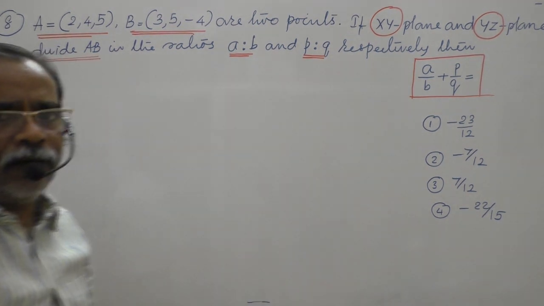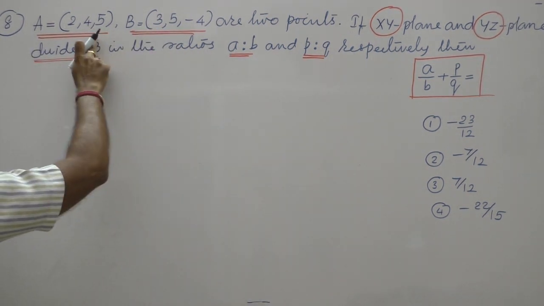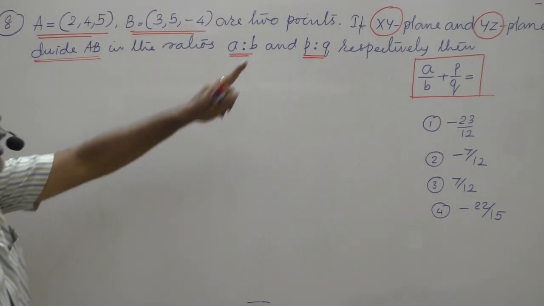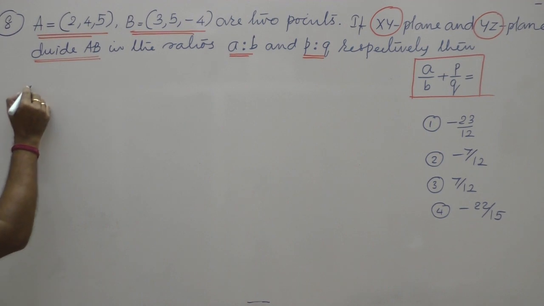This is to be found. So listen. This is a line segment, these are 2 points. The XY plane is dividing this in the ratio a is to b.